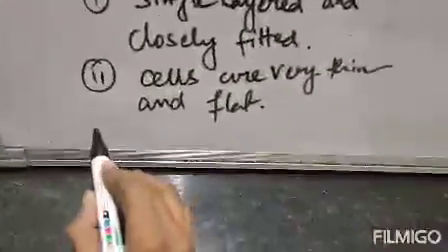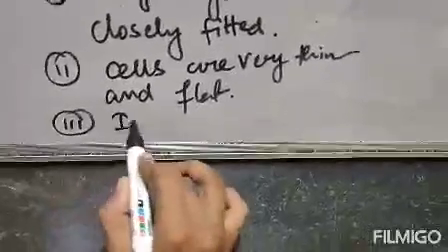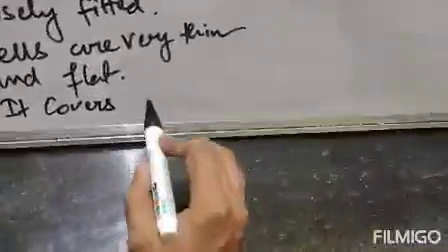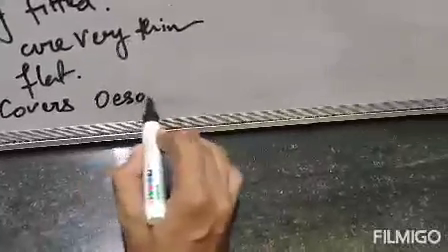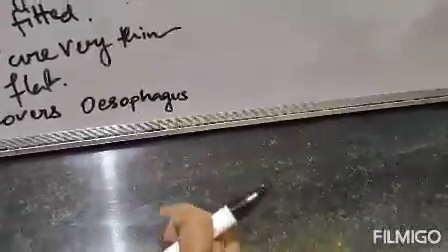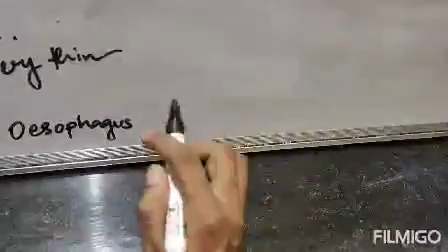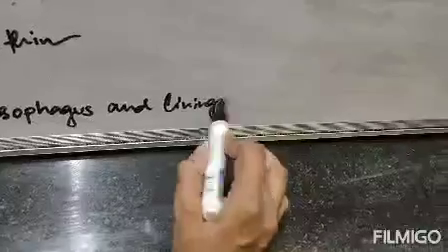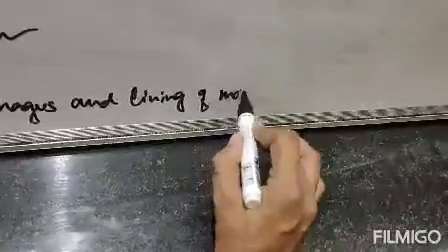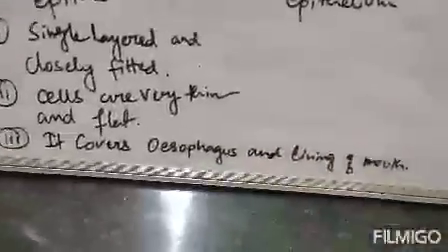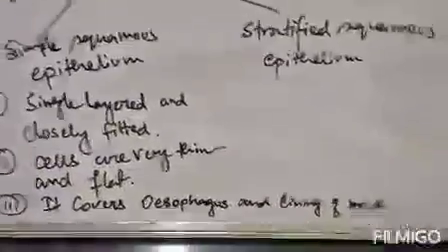So number three, it covers the oesophagus and lining of mouth. Clear? So this is simple squamous epithelium.